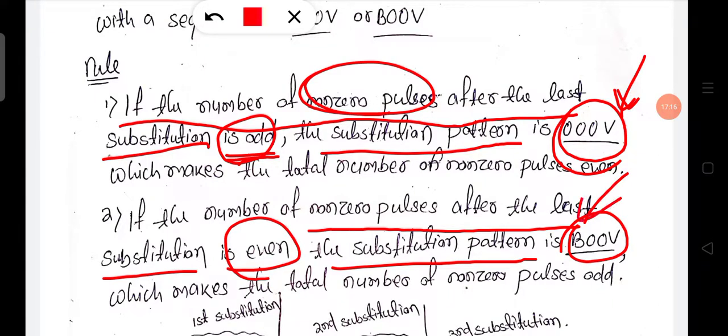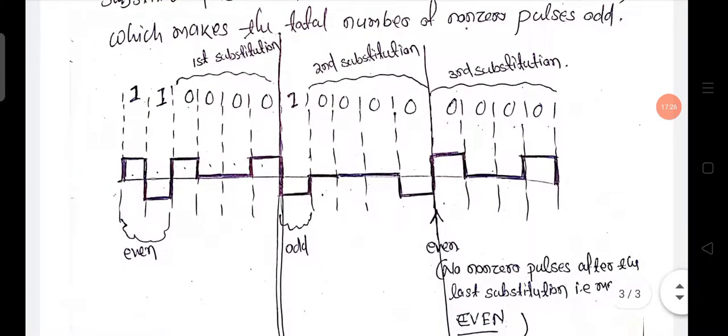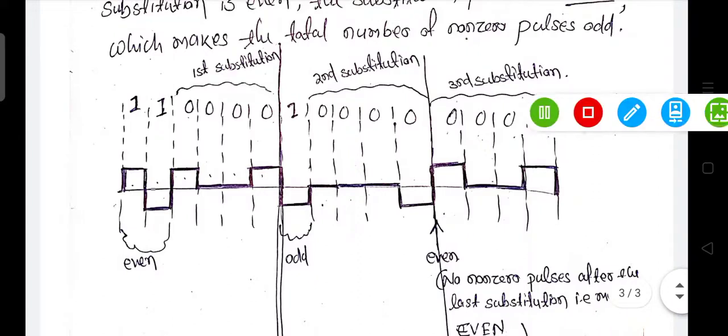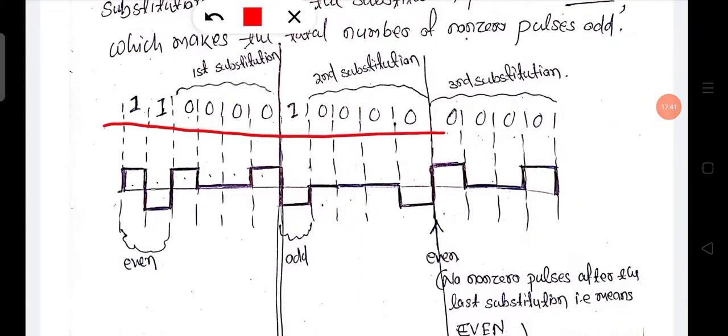B here is the opposite polarity of the previous non-zero pulse. Now see the waveform, you can understand it better.